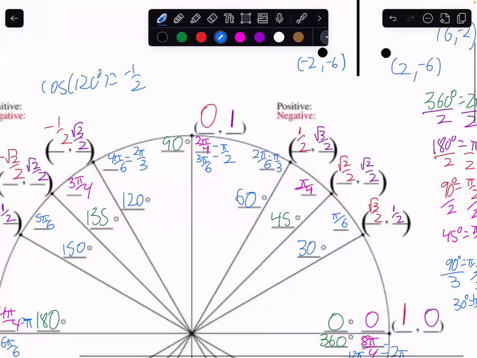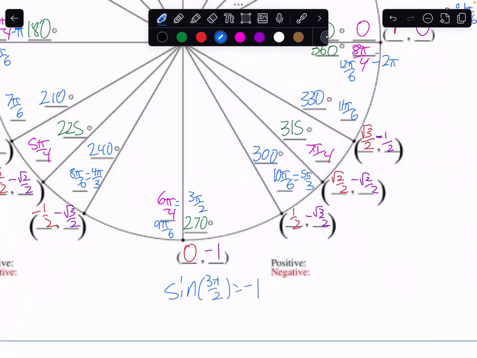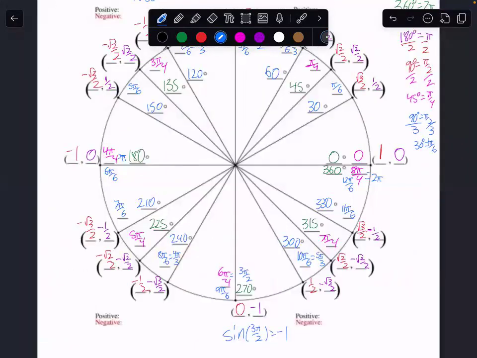Or if I ask you what is sine of 3 pi over 2, you look at the y coordinate, and you instantly know sine of 3 pi over 2 is negative 1. So if you can quickly fill out the unit circle, you can quickly answer all of the sine, cosine, tangent questions.